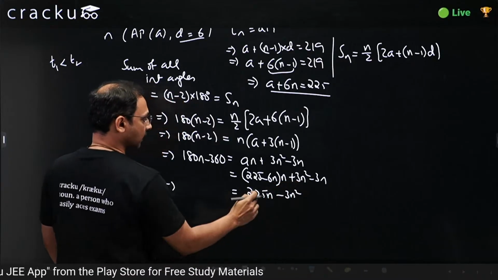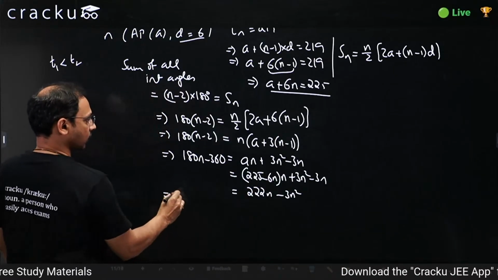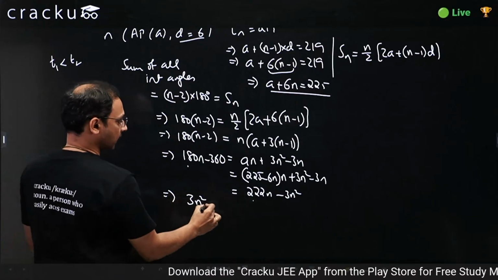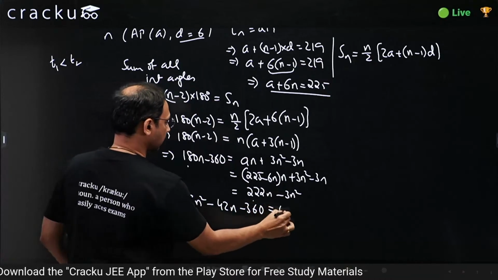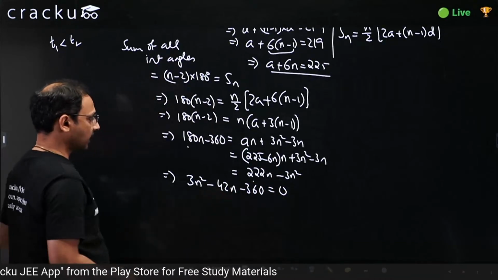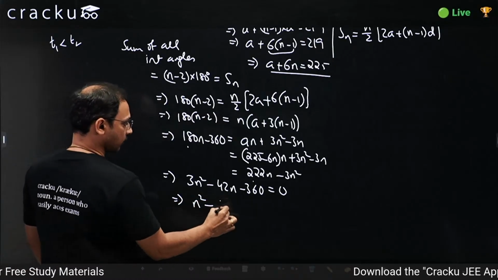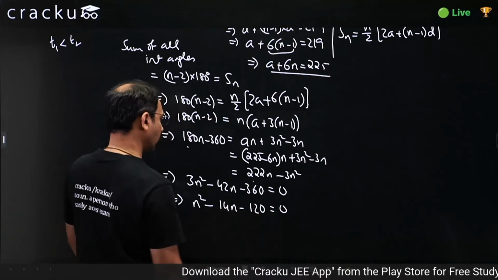This minus 3n square will come here and it will become 222n. So if I simplify this, I get 3n square, 180 minus 222 will be minus 42n, minus 360 is equal to 0. I see a 3 common factor. Let us cancel it. n square minus 14n minus 120 is equal to 0.